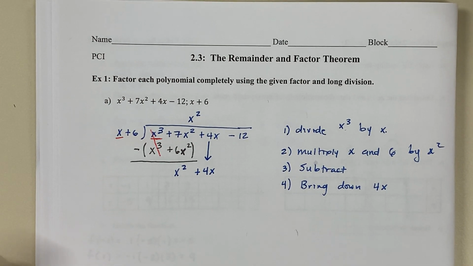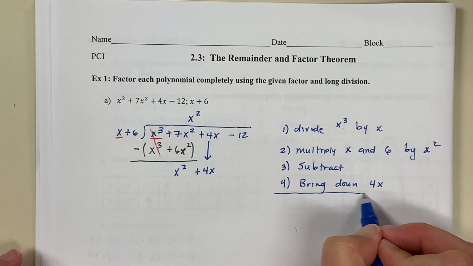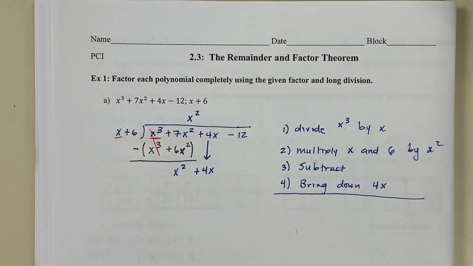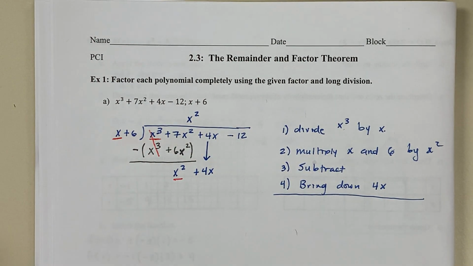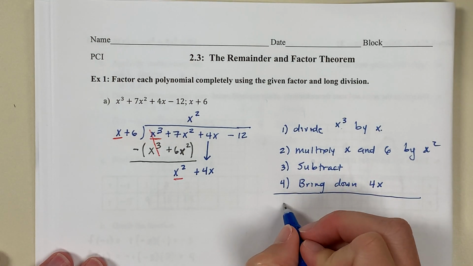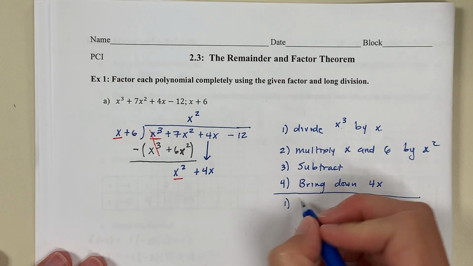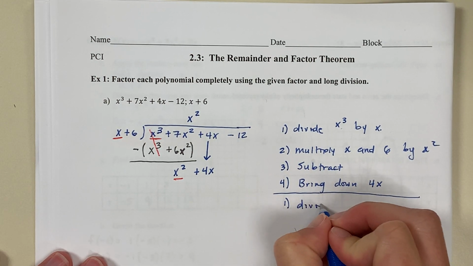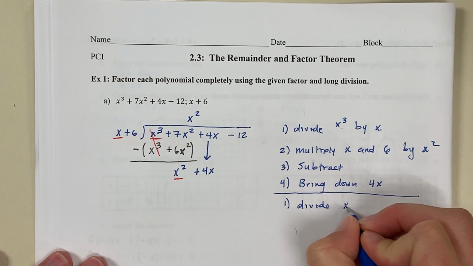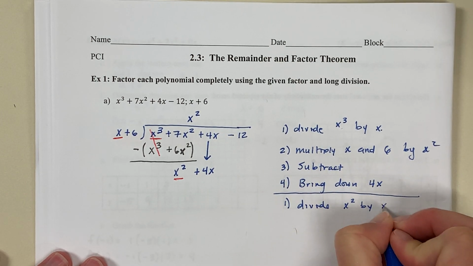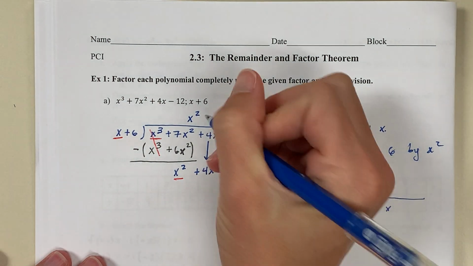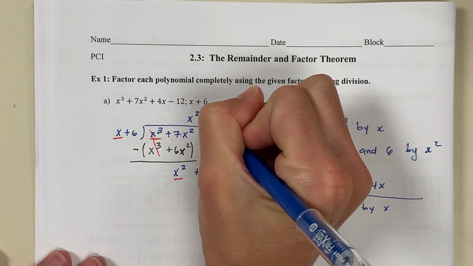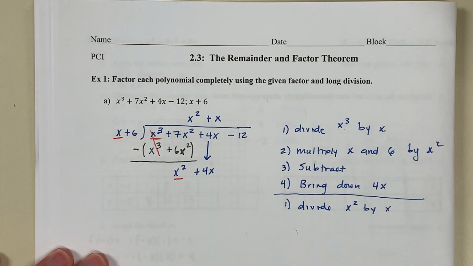Now I'm back to the process that I just completed. I'm going to look at first terms. I have my x, and now I have an x squared. So starting over, step number 1 again, I'm going to divide x squared by x. X squared divided by x is a positive x. So up here at the top, I'm going to put plus x.